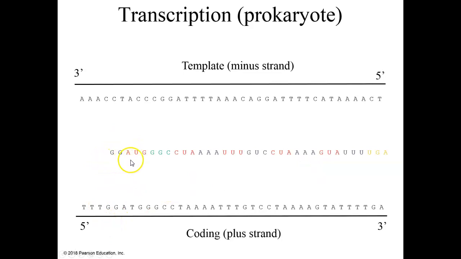And so here I have the 3 nucleotide codes that are going to be complementary to this and correspond directly to this. They're going to be identical. So you have A, and then anywhere we have T's down here, we have U's here. Okay.